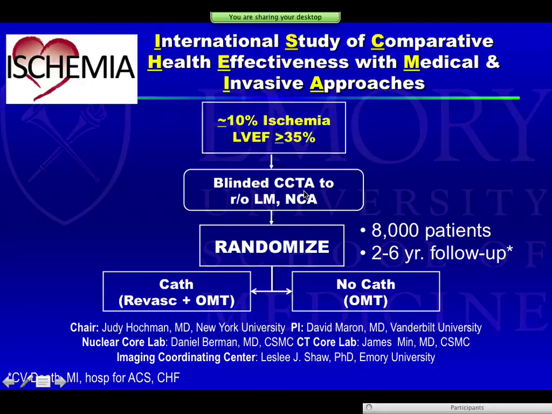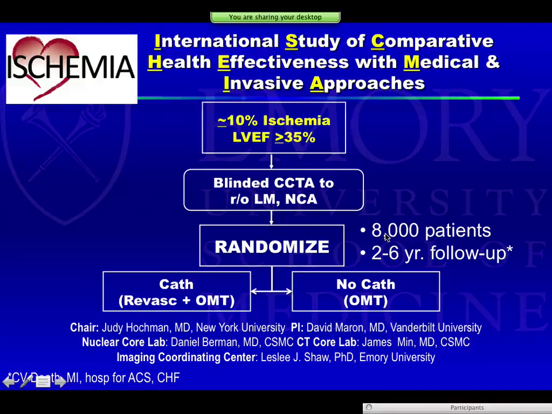It makes the trial a little bit more complex, but we have seen around 5 or 6% of the patients in this population that have left main stenosis, and we certainly don't want to randomize that patient to no cath. As well, there are people that have mild coronary disease and a lot of ischemia. We are also seeing that. So both of those populations should be excluded, and that's why we have a blinded CT angiogram.